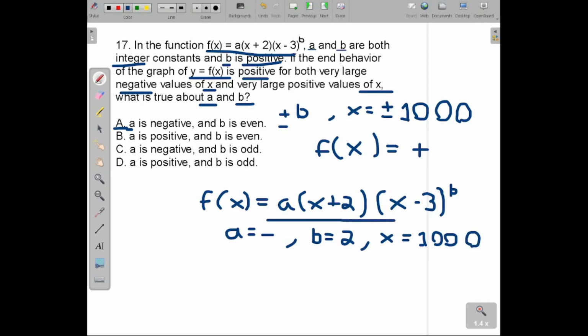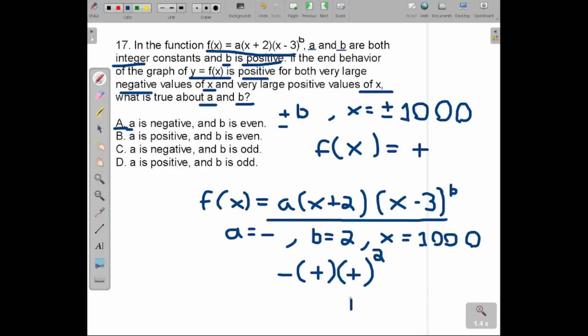So let's replace those signs in this function. A is negative. X is 1000. 1000 plus 2 is 1002, just positive. 1000 minus 3 is 997, which is still positive. B is 2, to the square.